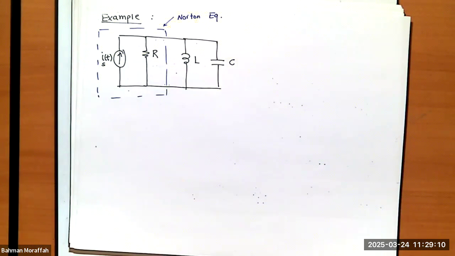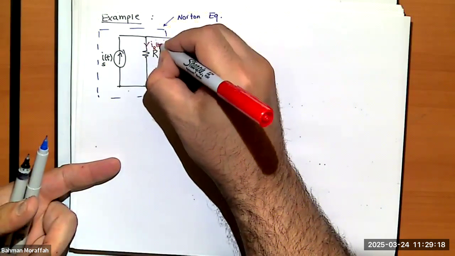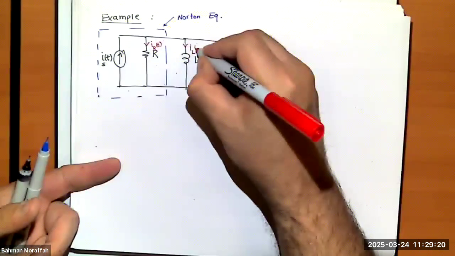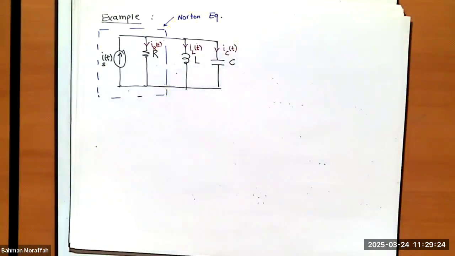Right? Let's just call the current through R IR of t, the current through L IL of t, the current through C IC of t.